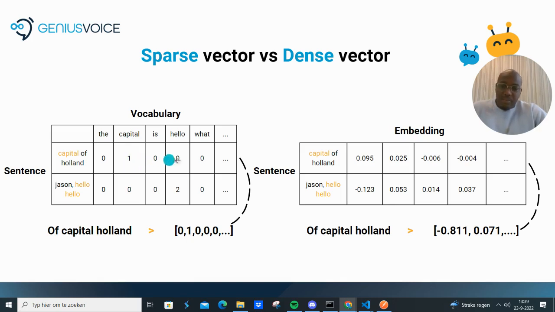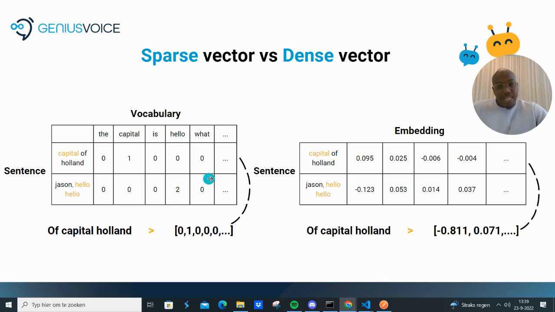And that's how we can build our sparse vector here. And the is not present in the sentence, and is also not, so they all get a 0. Now, if we look at hello, then we can see here that hello is present 2 times in this sentence, so we go over to hello, and hello gets number 2.